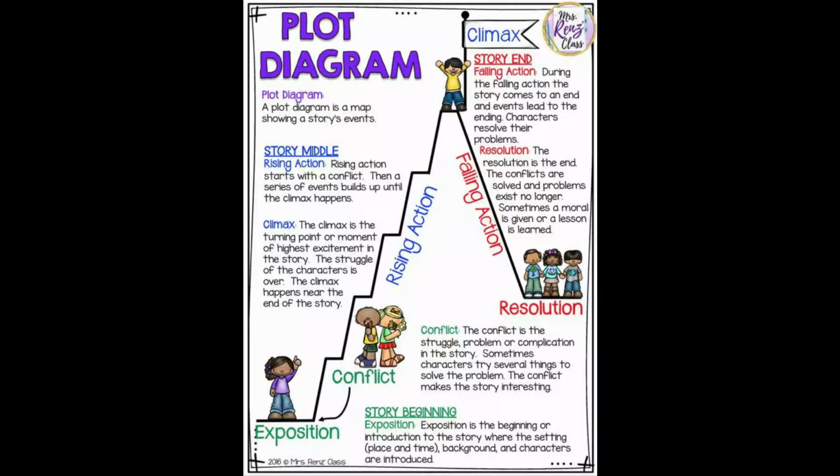During the plot or events or actions in a narrative, something which is called a conflict or struggle will happen between the characters. We will discuss this in detail later. Okay? So those rising actions will keep rising, happening till they reach a peak.